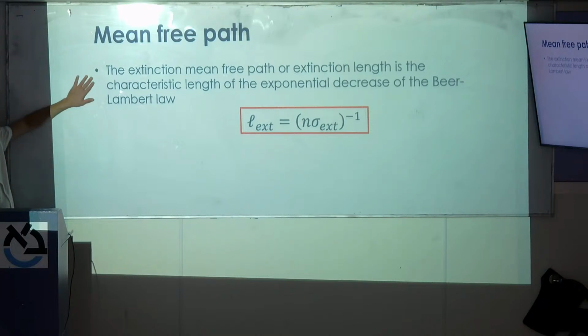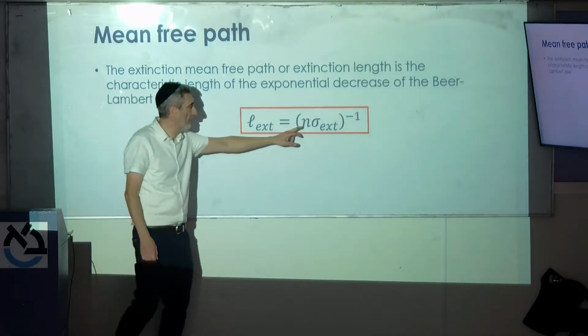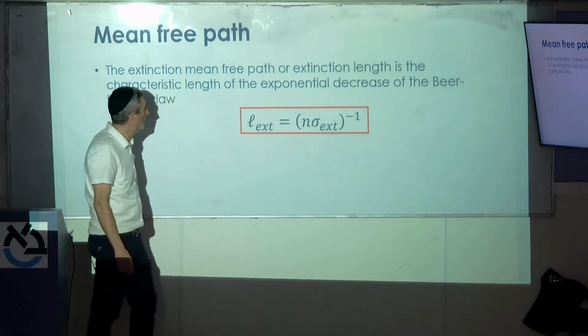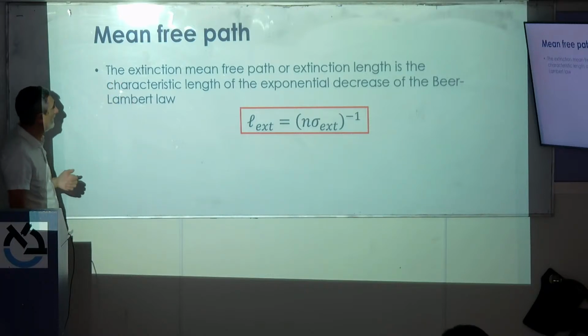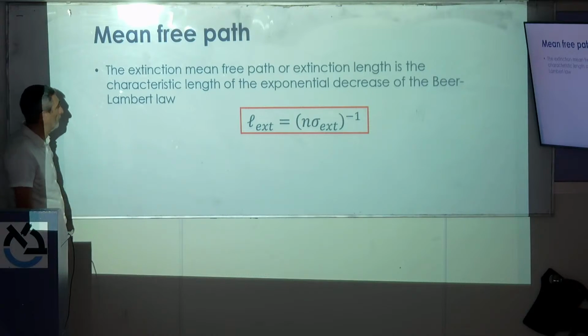Here we can define this new quantity, which I call the mean free path. The mean free path is just 1 over n sigma. So the extinction mean free path, or extinction length, is the characteristic length of the exponential decrease of the Beer-Lambert law.